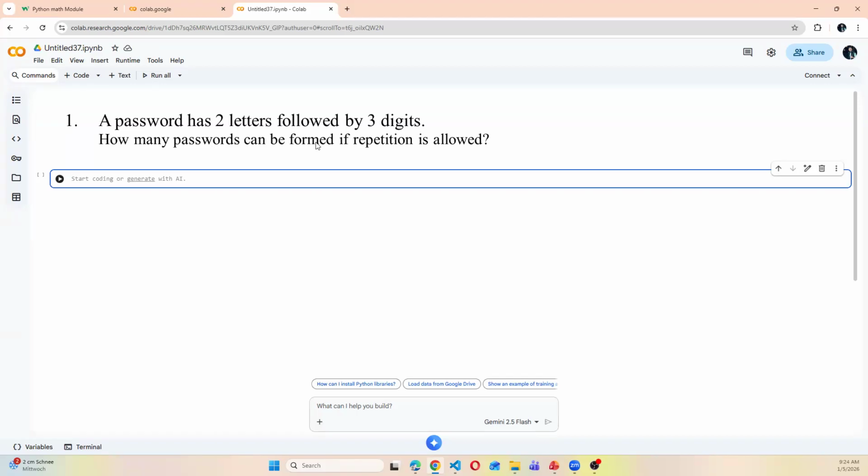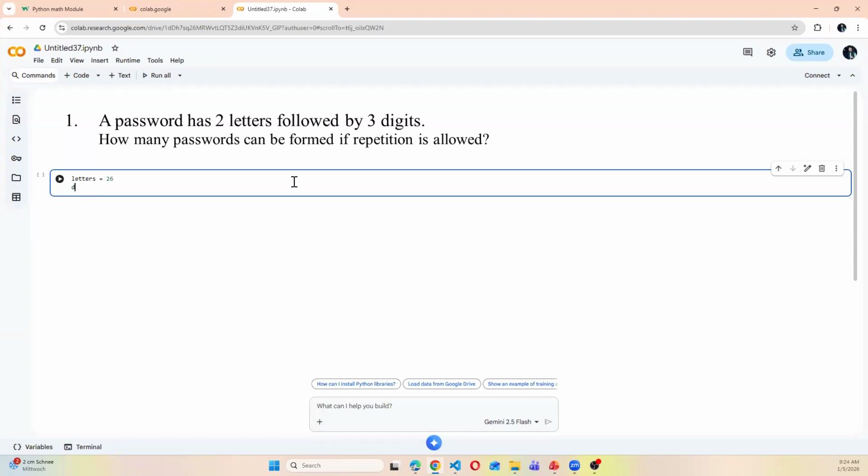How many ways can it be formed if repetition is allowed? So for 2 letters, we have 26 letters. And for digits, you just give a variable name. For digits, it is equal to 10.